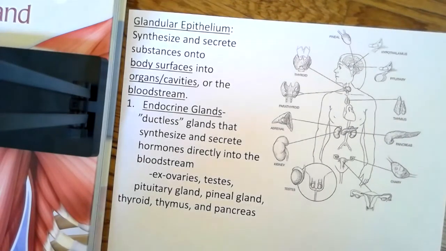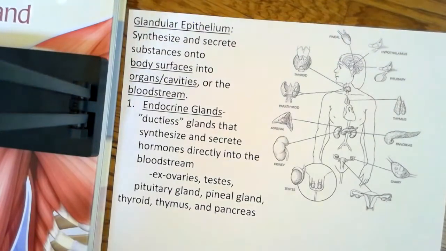All right, and so then glandular epithelial tissue, as you noticed on some of the previous slides, it's referred to specific glands. So if the epithelial tissue is associated with a gland, it's going to specifically synthesize and secrete substances either onto the surface of the body or into an organ or cavity or the bloodstream.